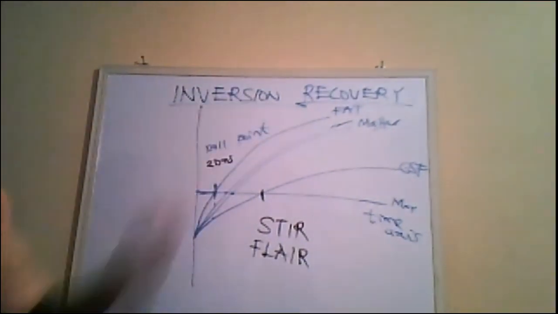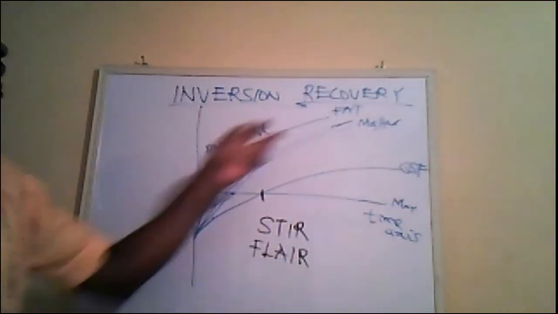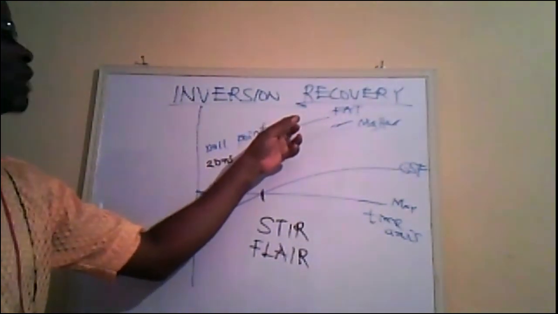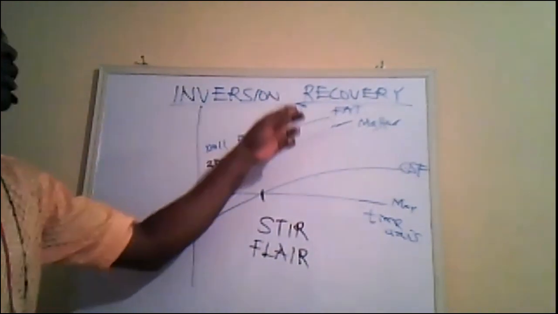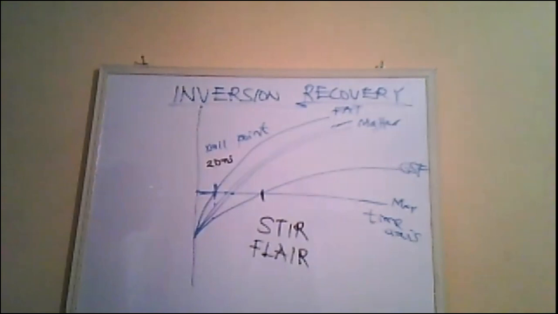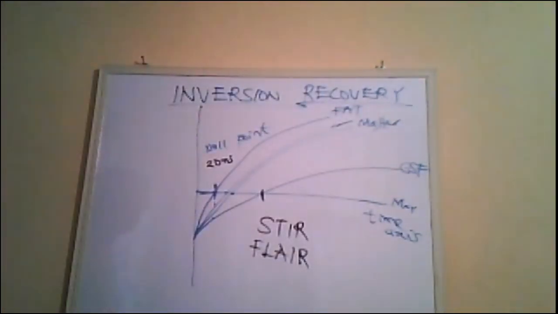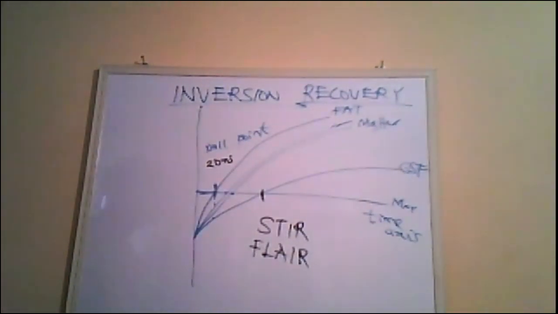If we are looking at the brain tissue, and we don't want so much contribution from fat, just null it and then have a better contrast among the various tissues of interest. Likewise, fluid.